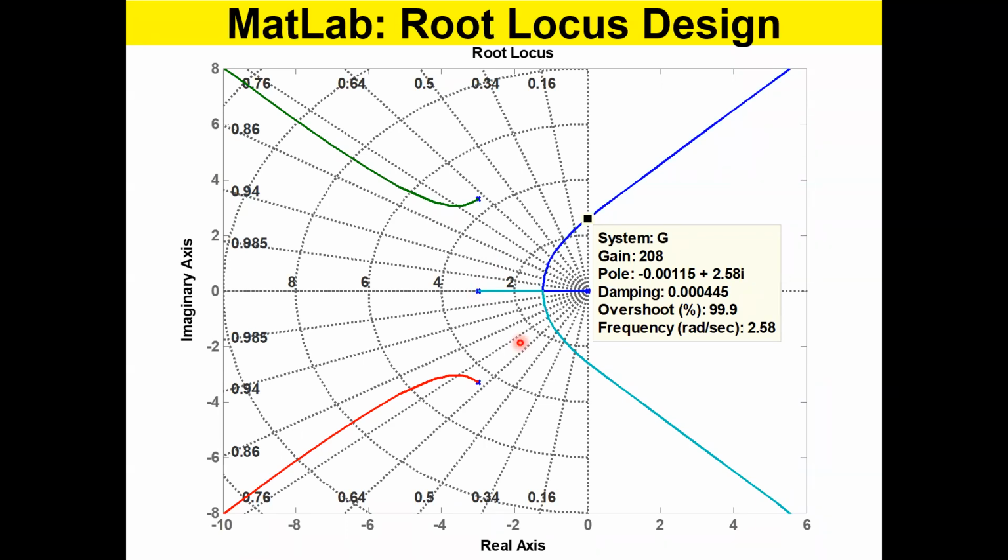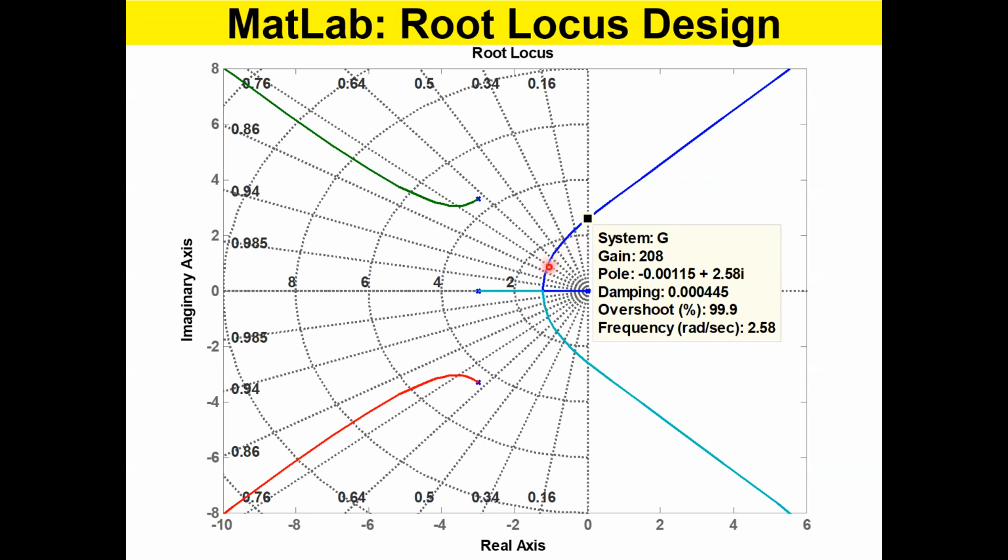Now that concludes the root locus design part. Now, how do we use this technique to design a feedback loop? In fact, to calculate gain, you just need to figure out where you need to place your poles.